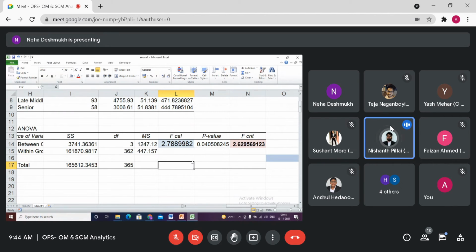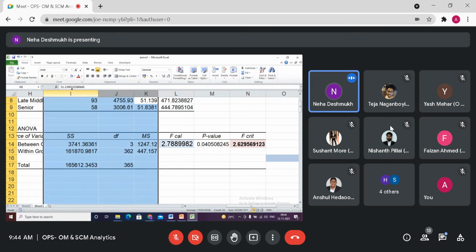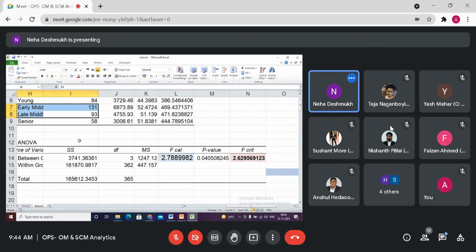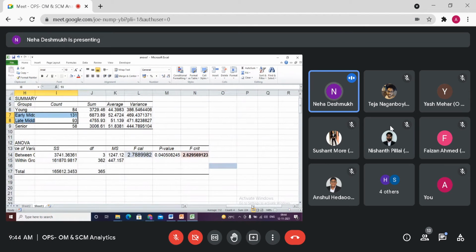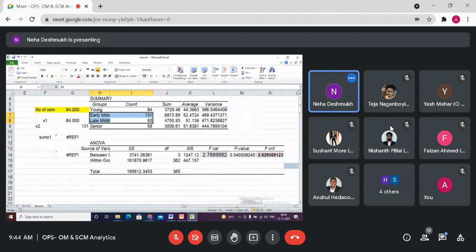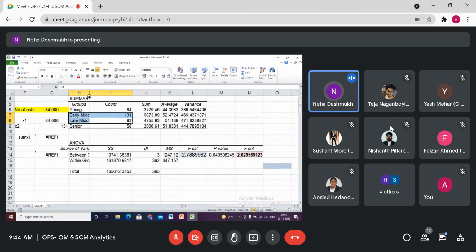You would calculate this from the F table, but in Excel it is calculated automatically and given in the report. It shows both the calculated value and the tabulated value, which is inbuilt in the ANOVA function.